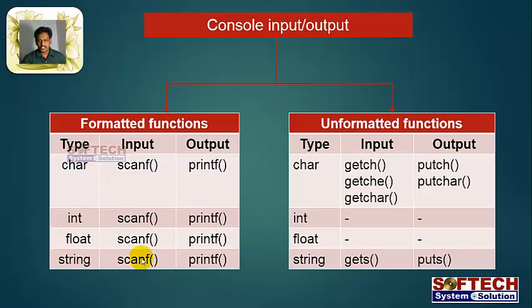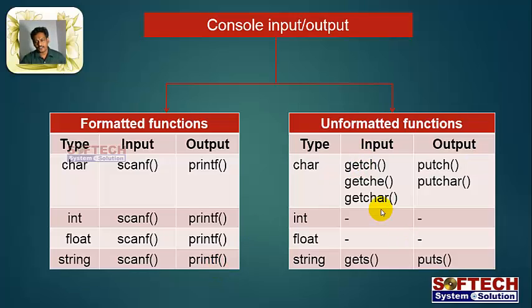But the formatted function also gets character and string and displays character and string on the monitor. This deals with all data types, but it has some differences between unformatted and formatted. We can get a character through scanf and display a character on the monitor through printf. The string also, using scanf and printf, we can get input and give output.